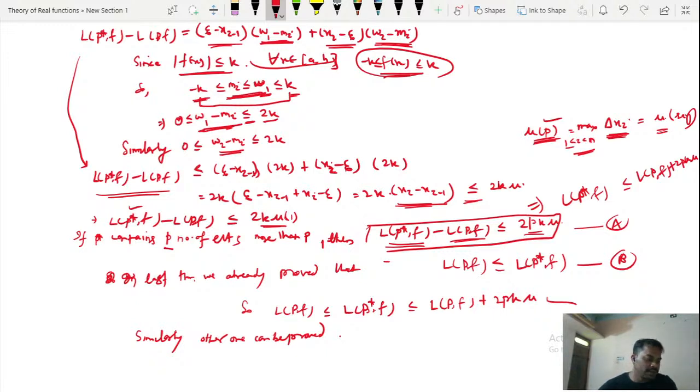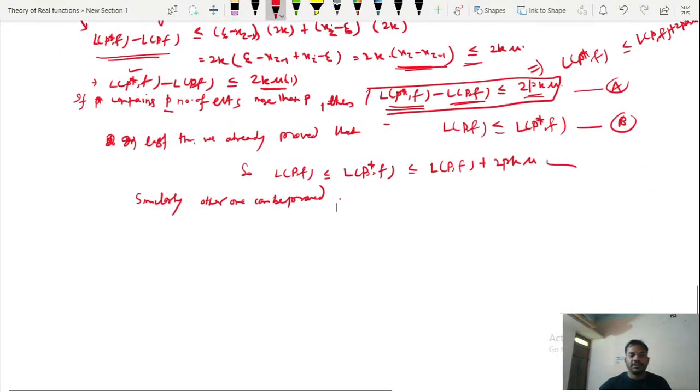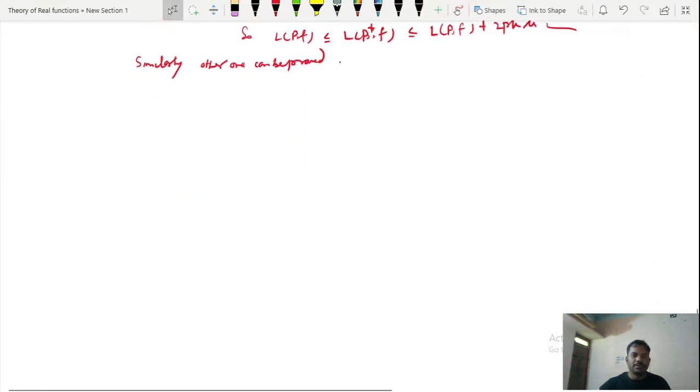So there is also another extension of this theorem. This is the proof of the above corollary.